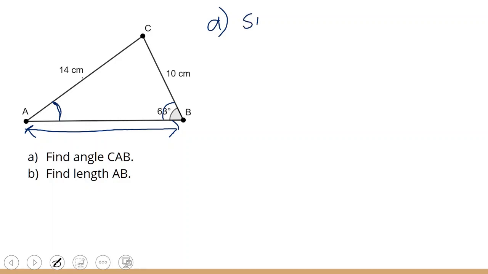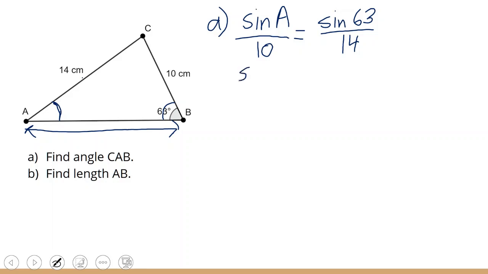So the sine of angle A over the opposite length is equal to the sine of angle B, which is 63, divided by the length, which is 14. Okay, so now let's go ahead and rearrange. So sine A is equal to 10 times the sine of 63 all over 14.